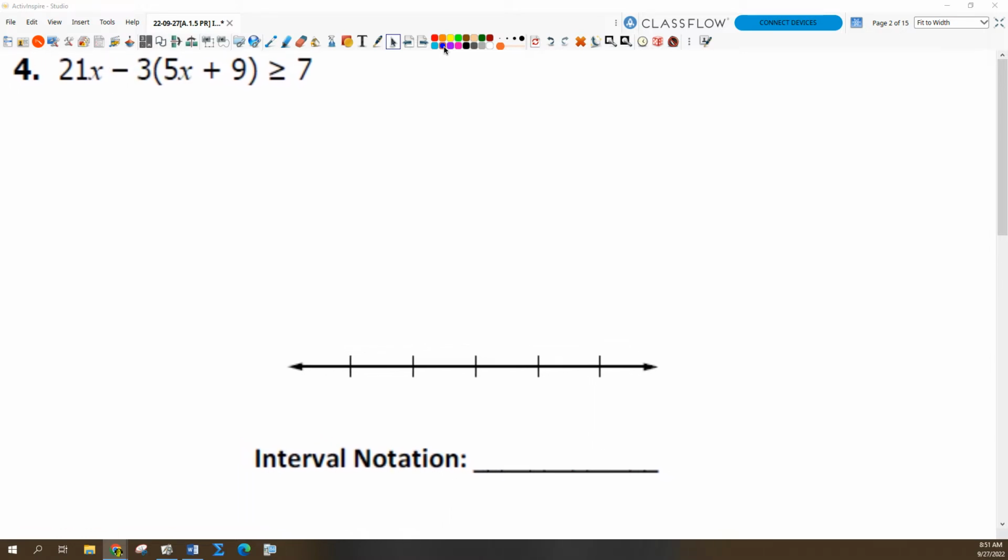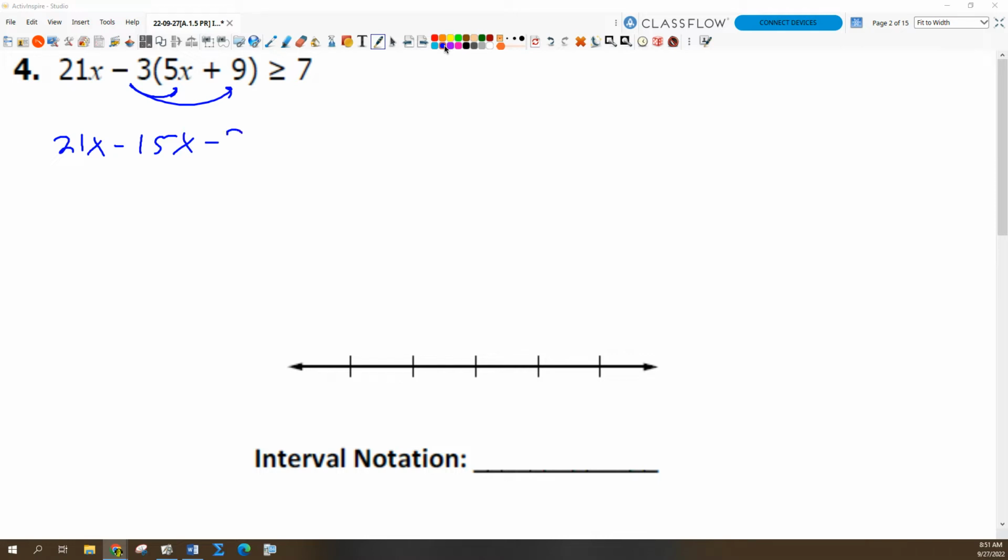If I distribute that -3, I'm going to get my 21x. What's that going to give me? Minus 15x. Good. -3 times +9 would be?